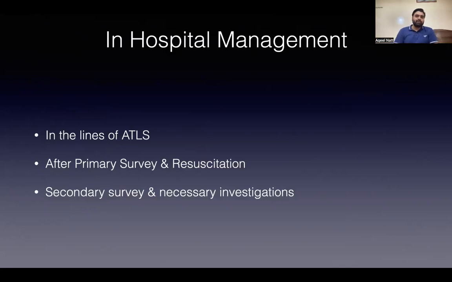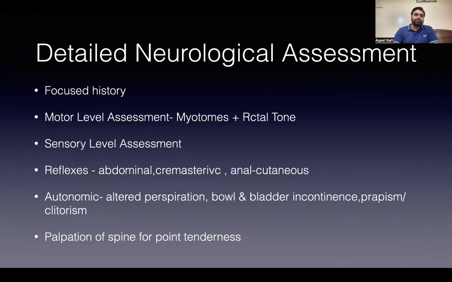You go for primary survey and resuscitate the patient, then secondary survey, and then you go for the investigations. The primary survey is similar, ABCD, and in the secondary survey you go for detailed assessment of all systems, and for the patient of spinal cord injury or spine injury, you go for detailed neurological assessment.